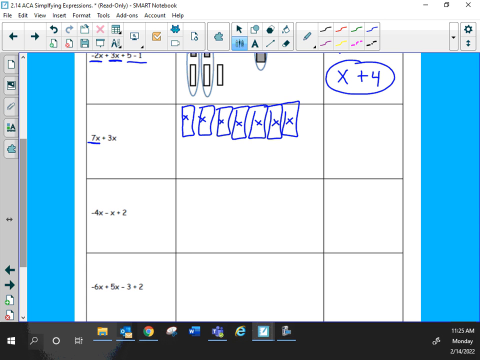Plus 3x: 1, 2, 3. Again, these are the same thing. Ask yourself, are there any 0 pairs? No, because they're all positives, so I just counted up. In total, I have 10.